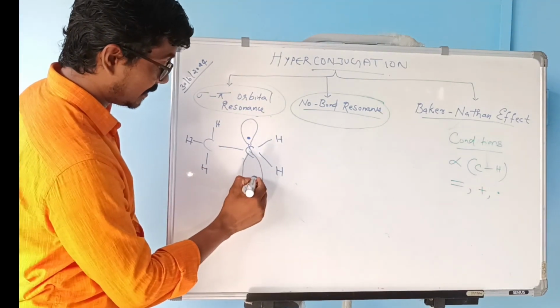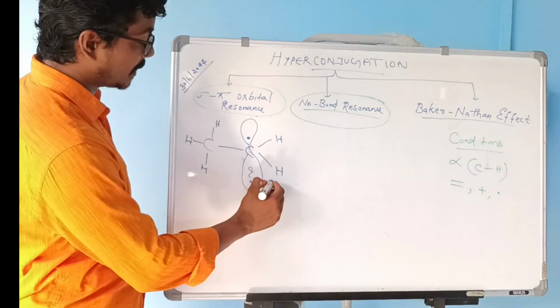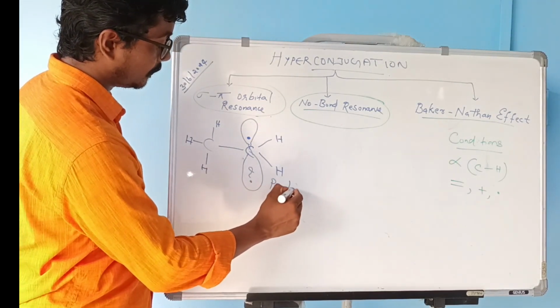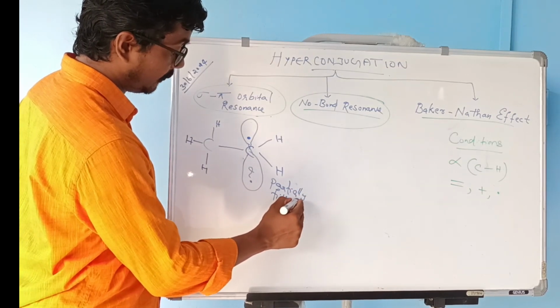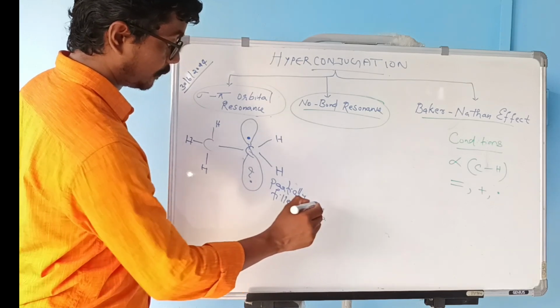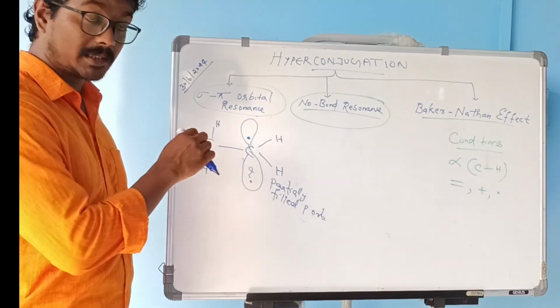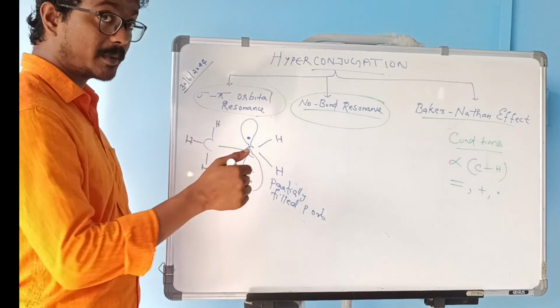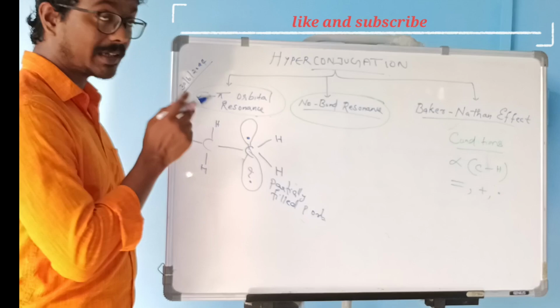So which means this is not fully vacant, right? So partially filled, partially filled the p orbital, right? So what will happen? First we check whether this functional group is connected to an alpha carbon or not. So alpha carbon is there.